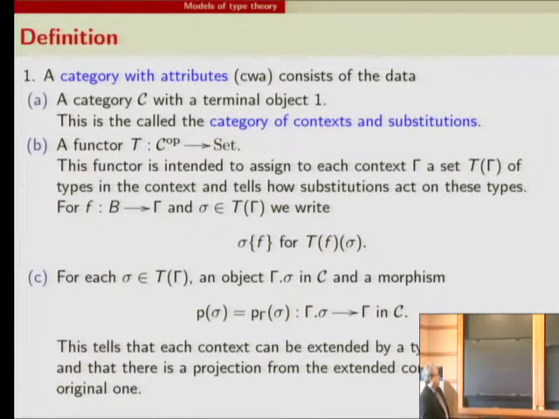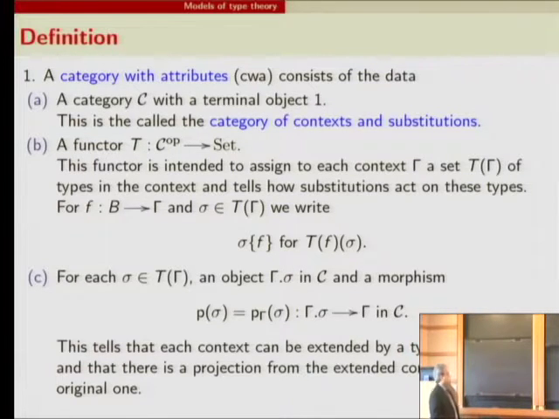To each type in a context, there is a new context, the context extension, which extends it by that particular type. There is also a morphism that just projects the extended context into the original context.